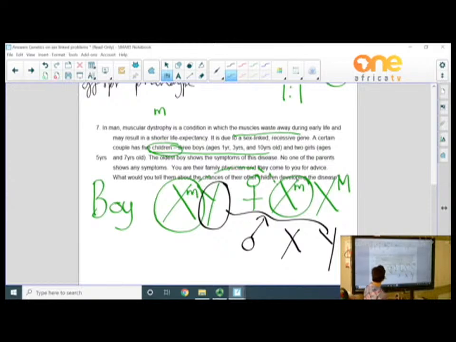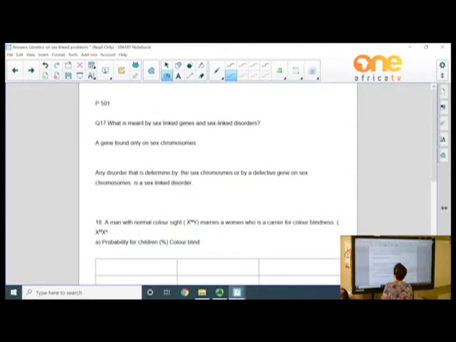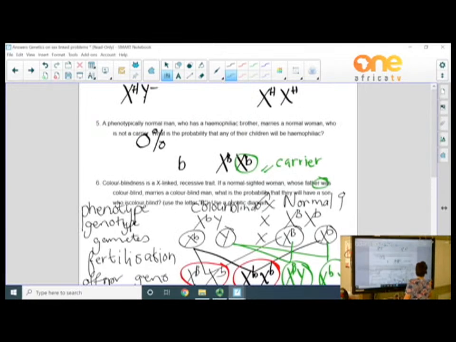Now what's the question? You are the family physician and they come to you for advice. What would you tell them about the chances of the other children developing this disease? So, now we will need to make a Punnett square in order to help us sort this problem out.